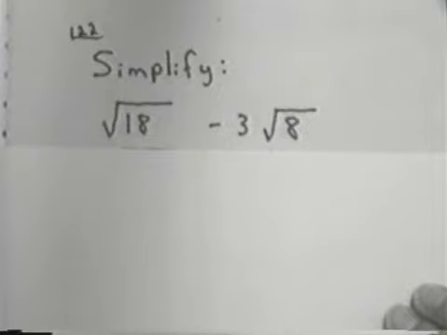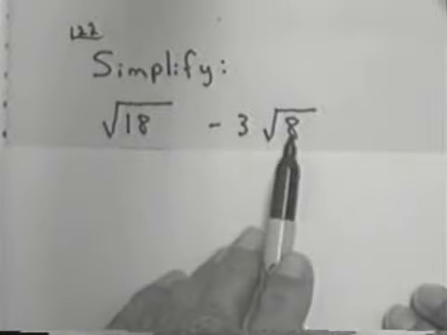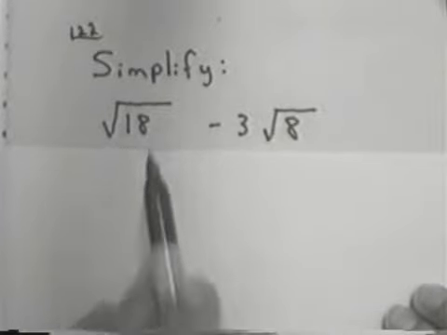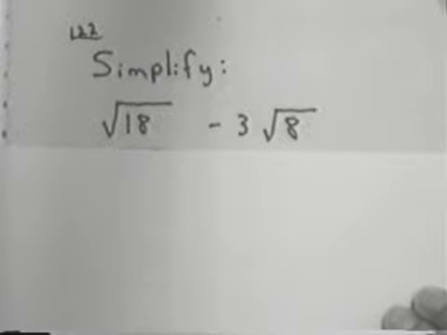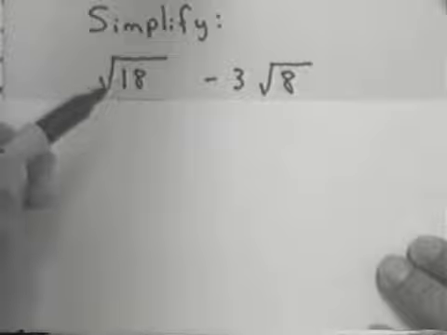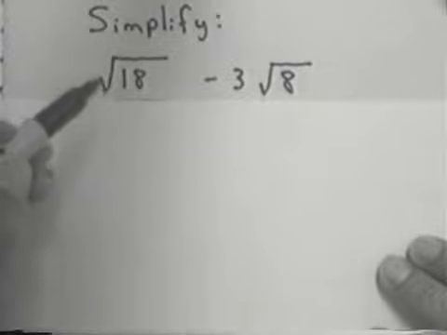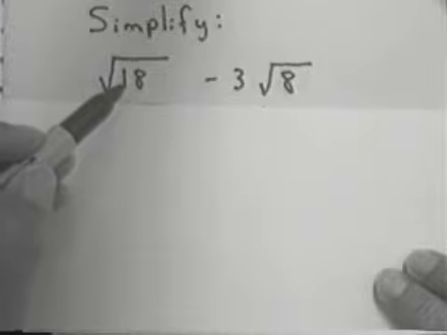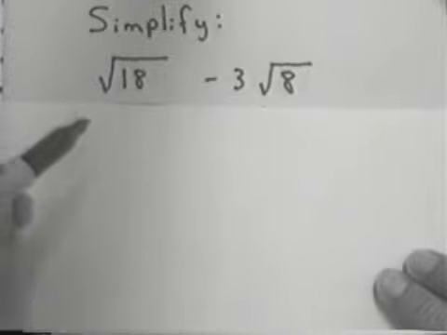Here your radicand is 18. Here your radicand is 8. The radicals are not alike, so they cannot be combined now. But what I can do, I can simplify both of them to see if I can convert them into like radicals. Now in order to simplify the square root of 18, I need to break 18 into what is a perfect square and what is not.